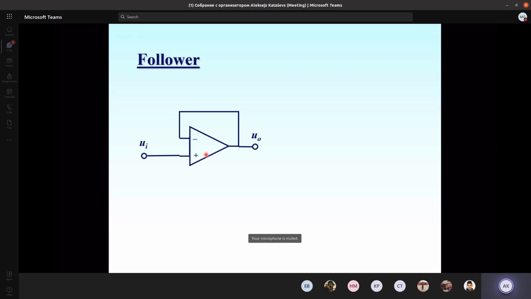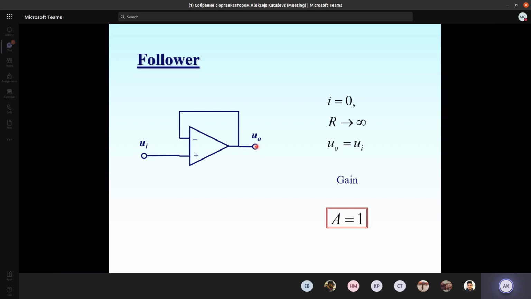What could we say about voltage UE applied to the positive, non-inverting input, and about voltage applied to the negative input? They should be equal, exactly. They should be equal, and then it means that for this circuit, the output and input voltages are just equal.